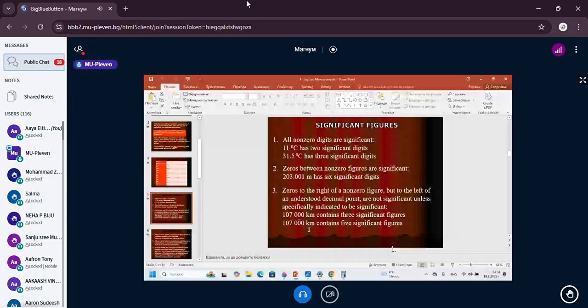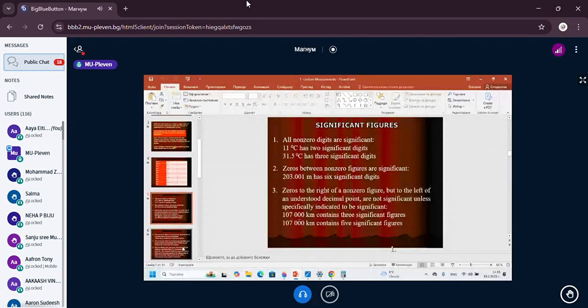So this number has 3 significant digits, 107, but this number has 5 significant figures, because those 2 zeros are also to be considered significant. You may not understand exactly this very moment, but those rules must be applied constantly during the course when you perform different kinds of calculations.